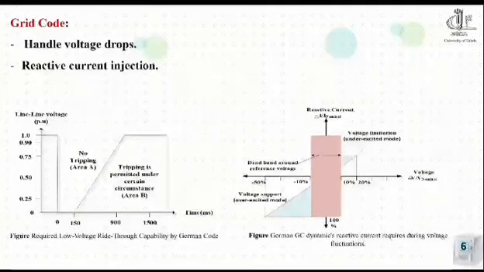Some types inject more than 100% reactive current, and when the voltage increases, of course less reactive current is injected into the grid system.